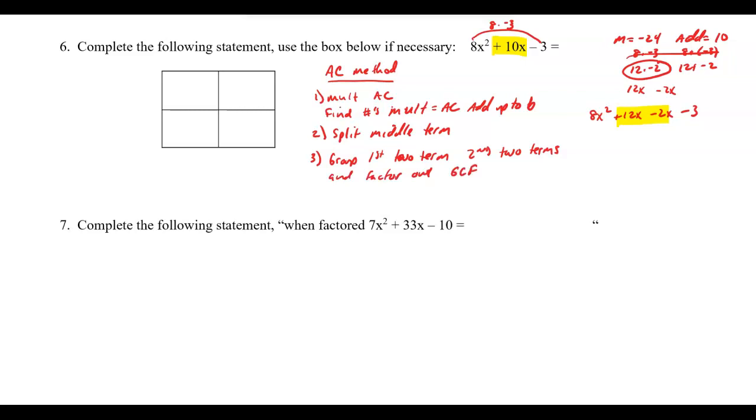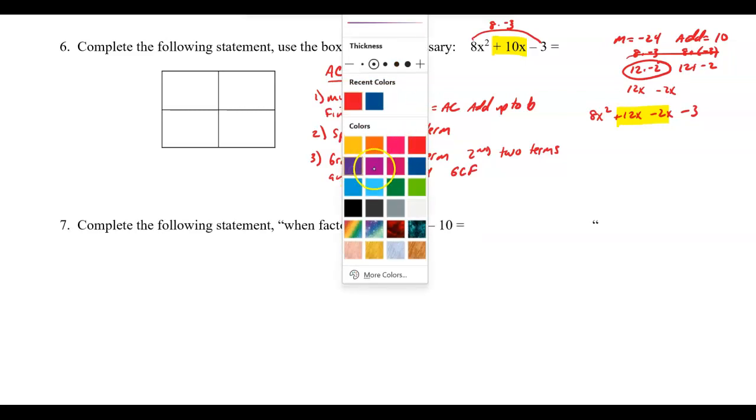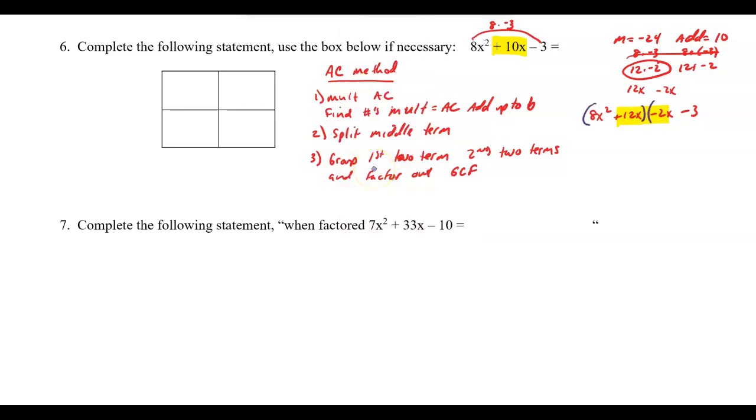So I'm going to group these two terms. Right away the GCF, the greatest common factor between 8 and 12, is 4. X squared and x is x. If I divide each of these by 4x, I'm going to get 2x plus 3.